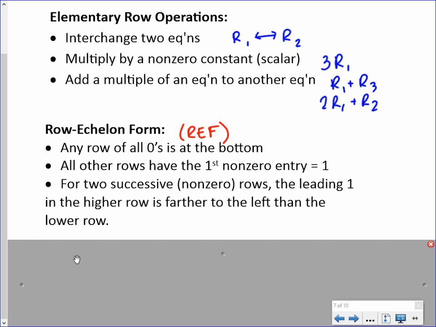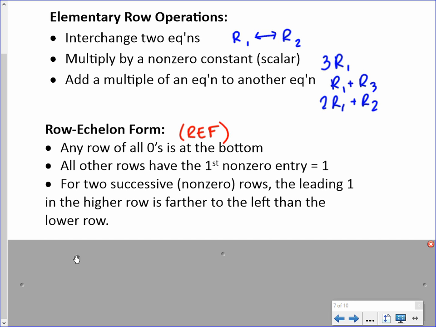So we call that a leading 1. So you can have a row that says 0, 0, 1, 5. You can have zeros, but the first number needs to be 1, and then you can put any numbers behind it. And that would be considered row echelon form.